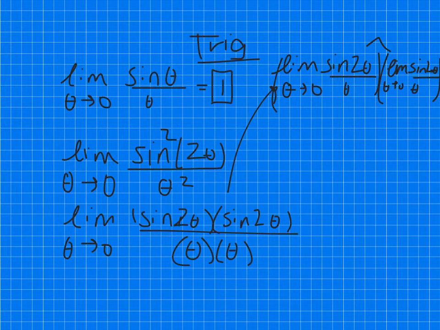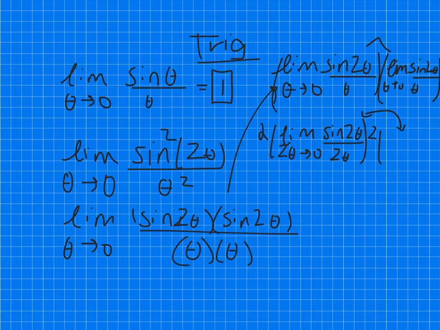That leaves us with 2 times the sine of 2 theta over 2 theta. That's one quantity, times 2 times this same thing over here, because these two match.